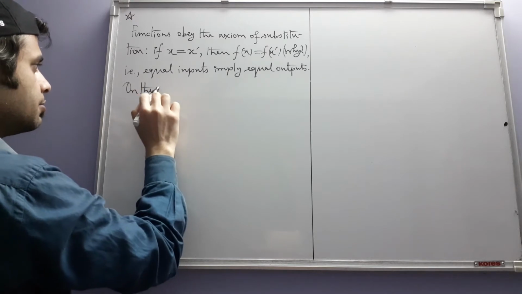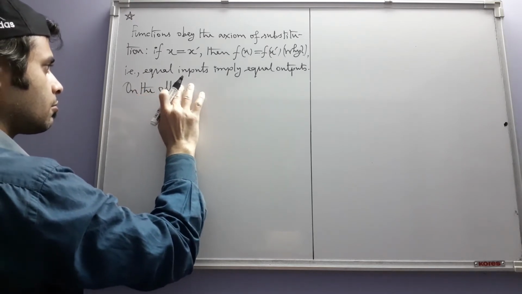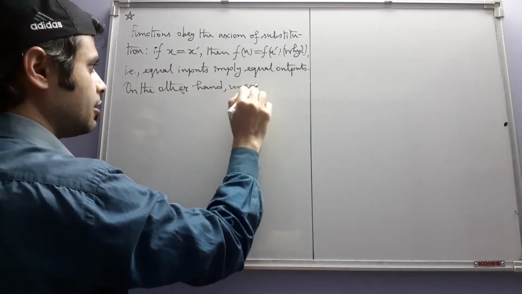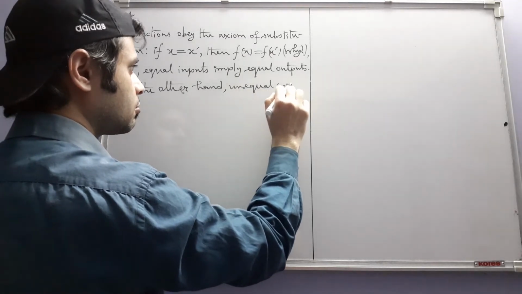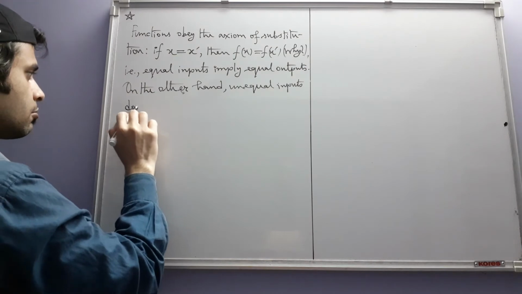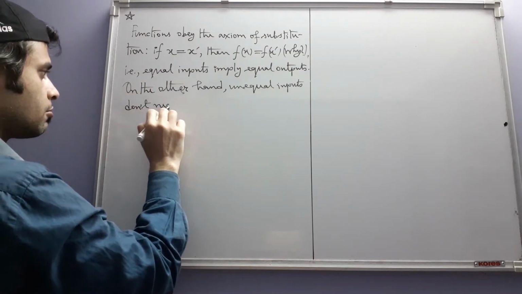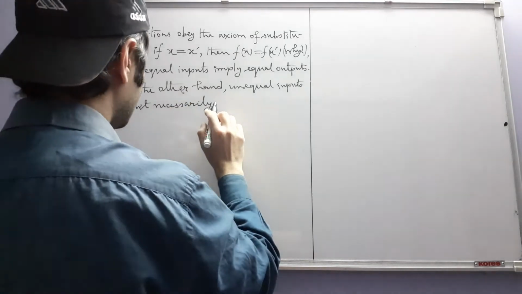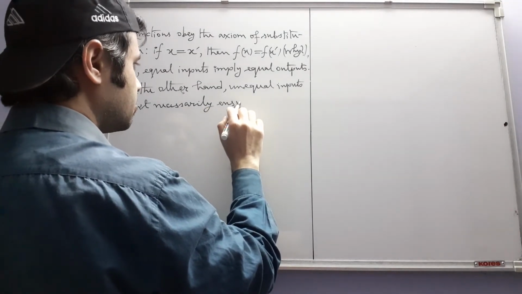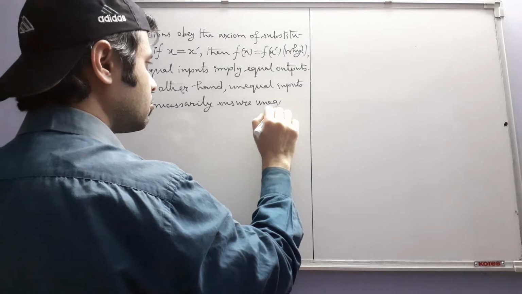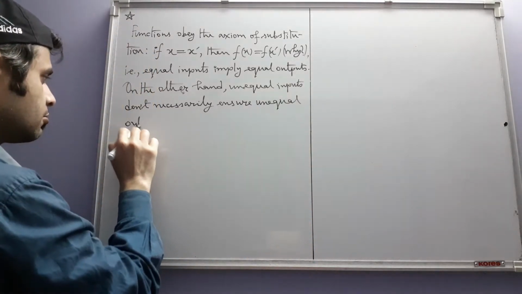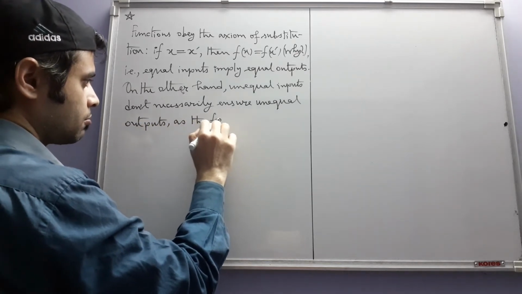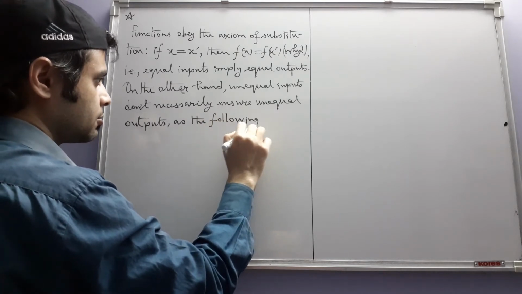On the other hand, if we have unequal inputs, then the outputs are not necessarily unequal, don't necessarily ensure unequal outputs, as the following example shows.